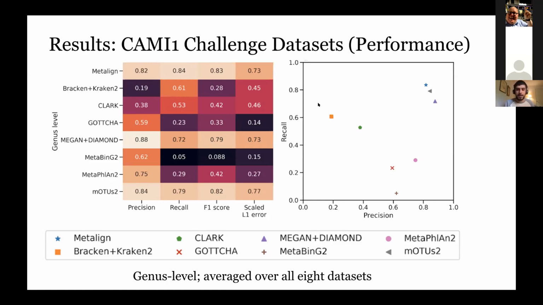So to be fair, we excluded those, but there's still low precision. And then some of these other methods, again, I mentioned marker gene-based methods like Metaflan2, have high precision, but poor recall and poor abundance estimation. But Metalign, Megan, and MOTUS2 did really well.